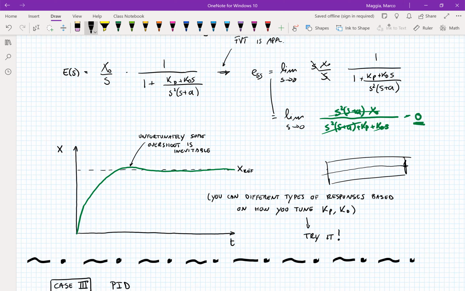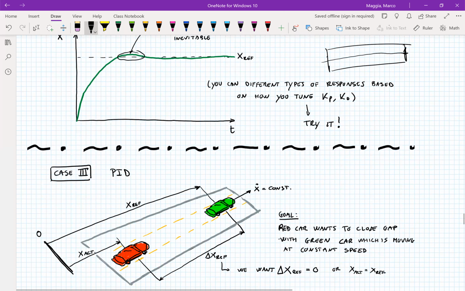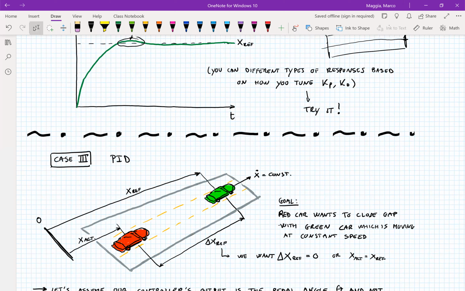So you're still overshooting a little bit. However, if your objective is just to get there with zero velocity, you can do it by just implementing a PID controller.